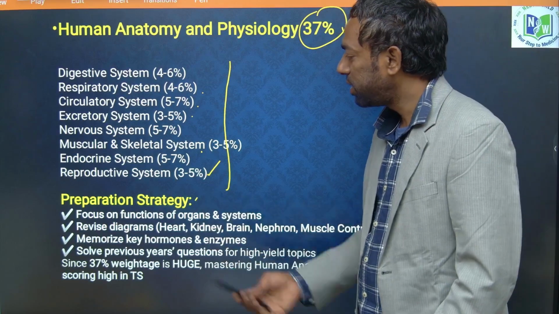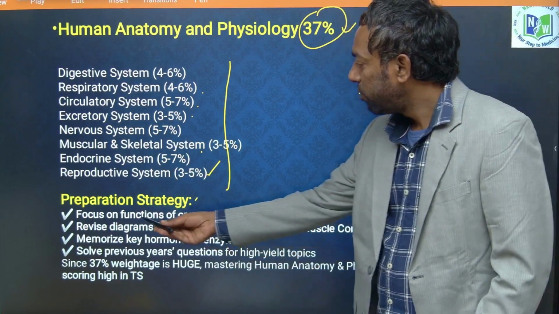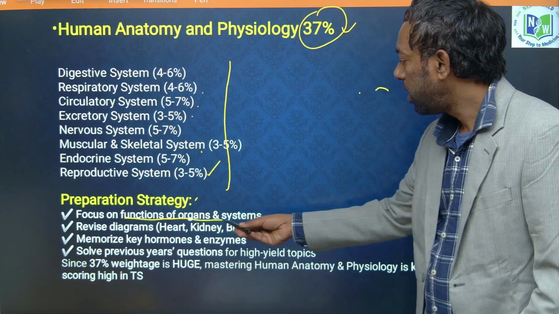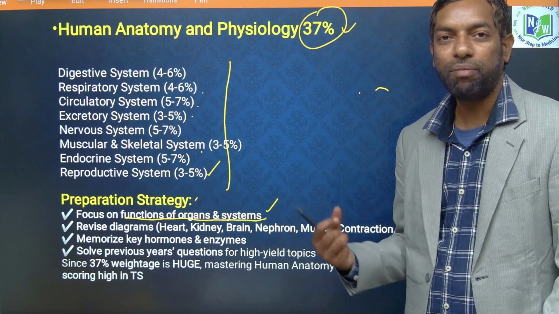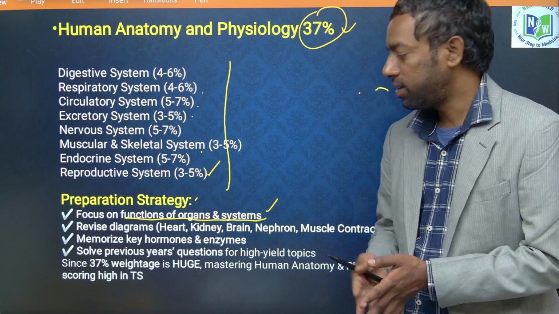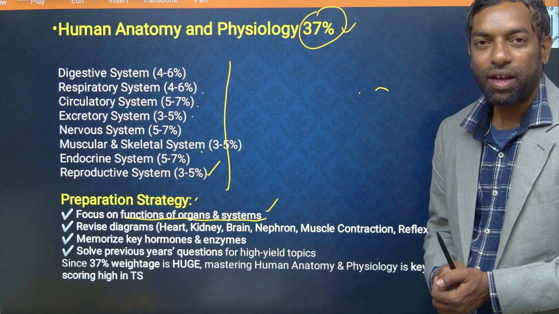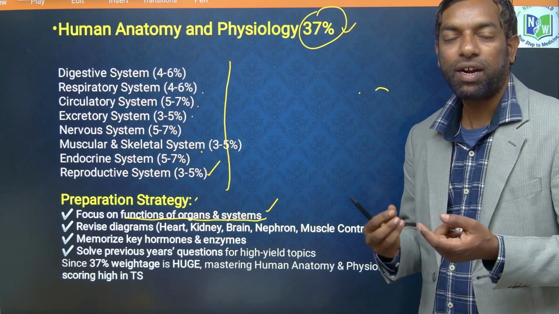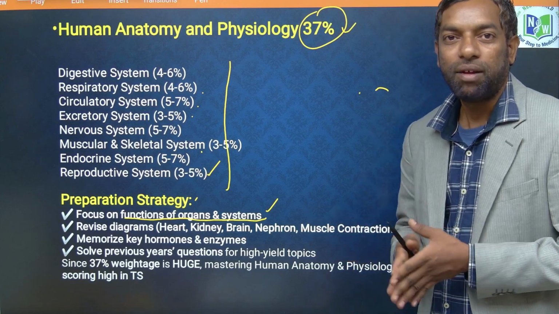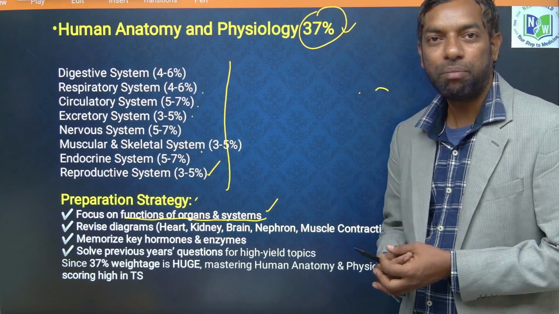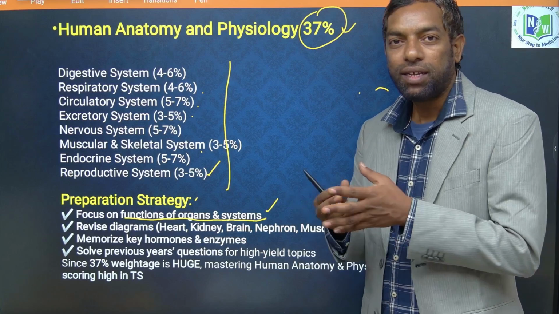Okay, preparation strategy: focus on functions of the organ systems. If we come to any system, like the heart in the circulatory system, how does the heart work, what kind of blood vessels are there, what type of blood is there, plasma, the chemical composition of plasma, in a systematic way.